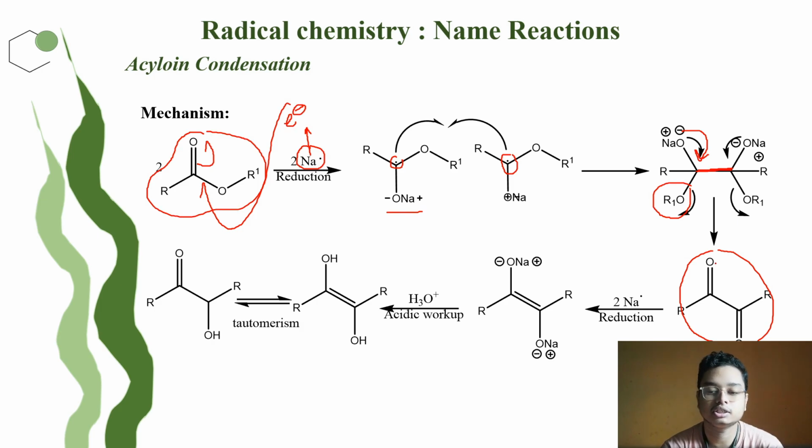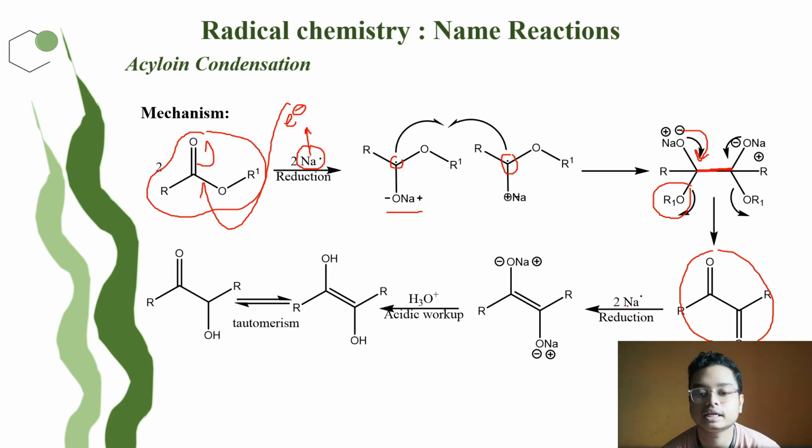Now some reactions will stop at this particular step, but if the medium contains extra sodium metal, or there is the possibility of an acidic workup, then it will go on a tautomerization path.